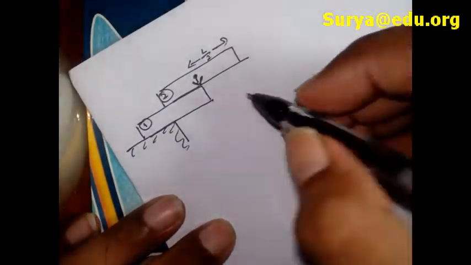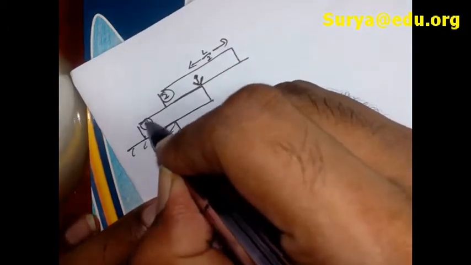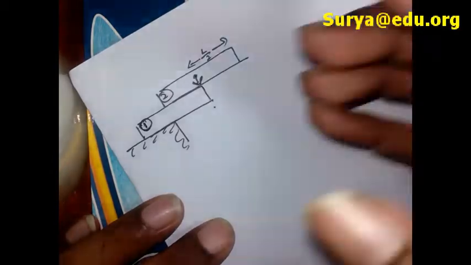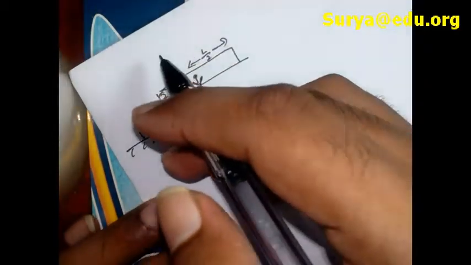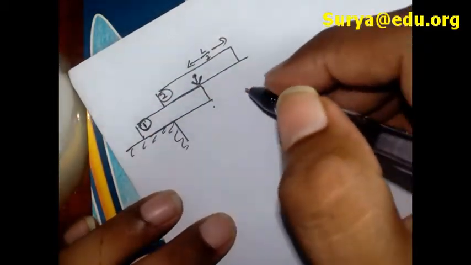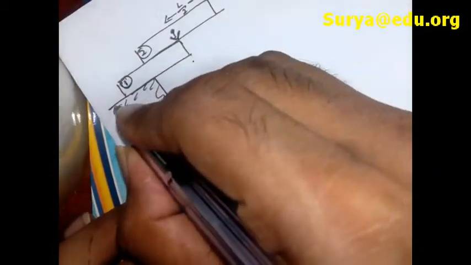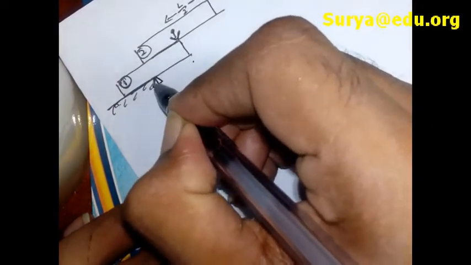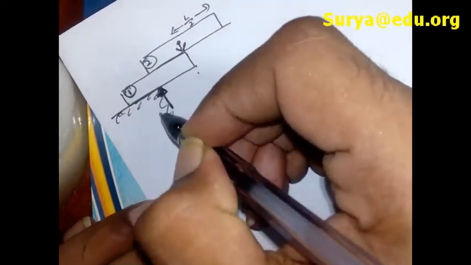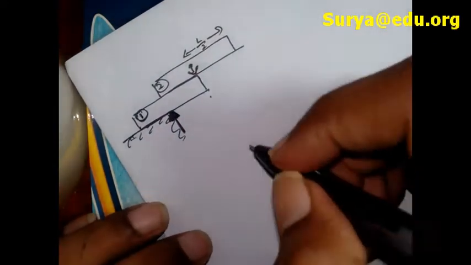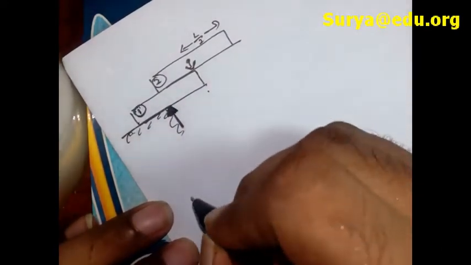Now when you are considering this block, it has a reaction and you have to find the suitable pivoting point. This is the pivoting point, this little triangle like thing, right? That's the pivoting point. Okay, it's very easy.